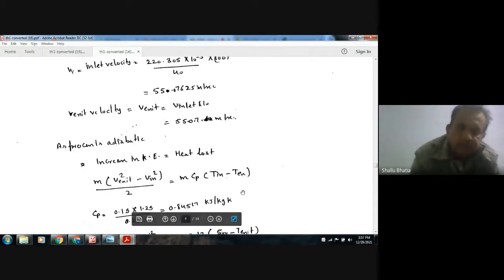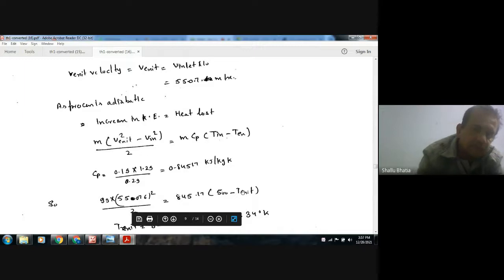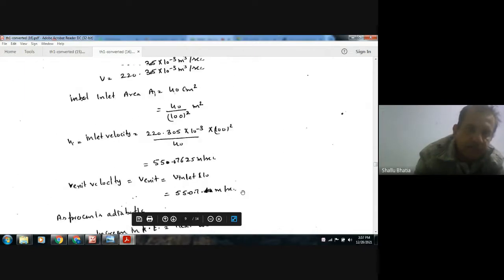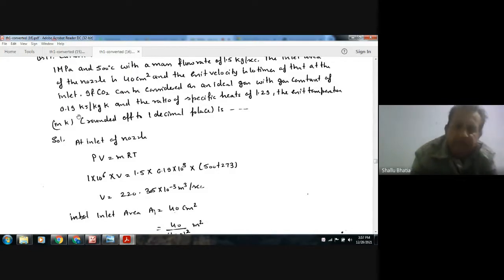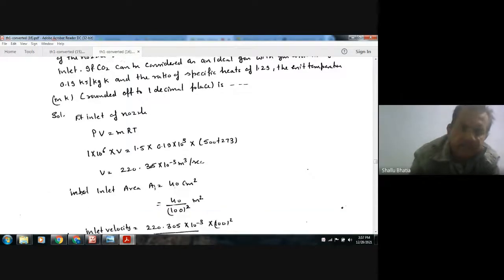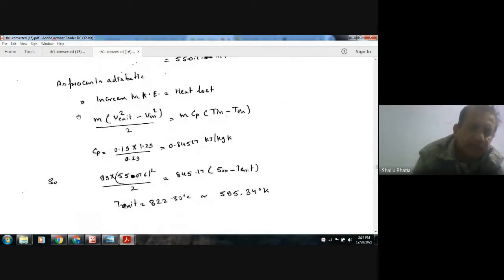Cp is also given. Cp is nothing but R times the specific heat ratio, which is 1.29, and this is your R. We have derived the Cp and R relationship in the previous question, so we are directly using that.